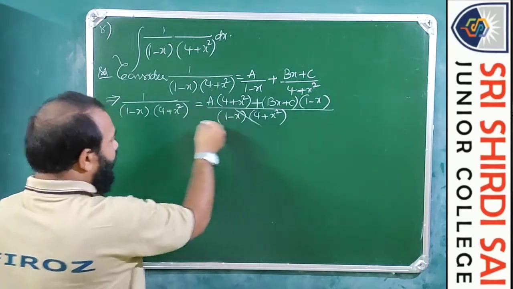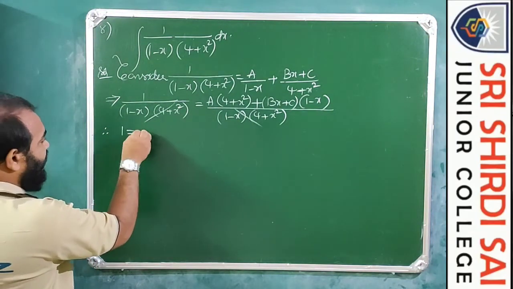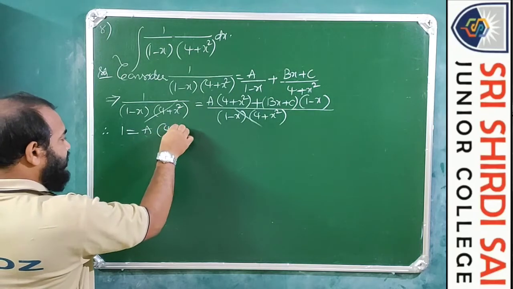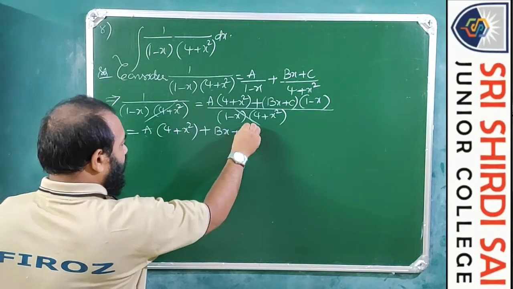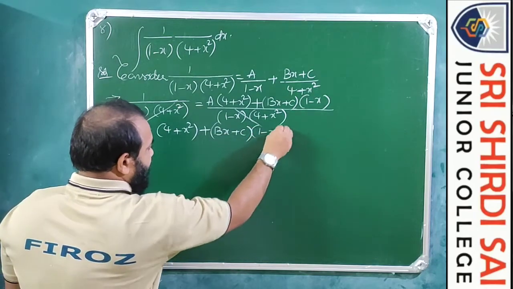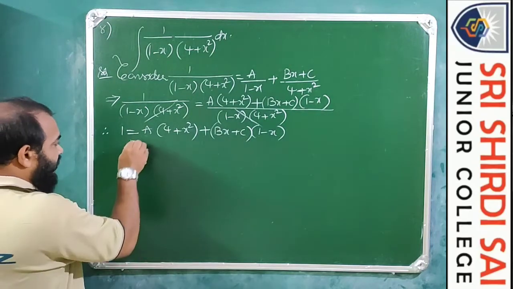So the denominator on both the sides gets cancelled. Therefore 1 is equals to a into 4 plus x square plus bx plus c into 1 minus x. As we have discussed before, put x is equals to 1.